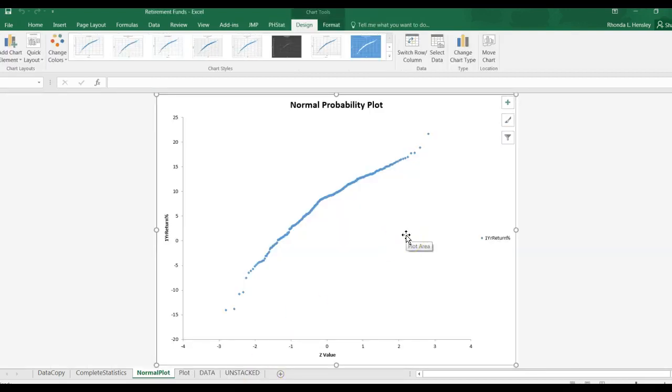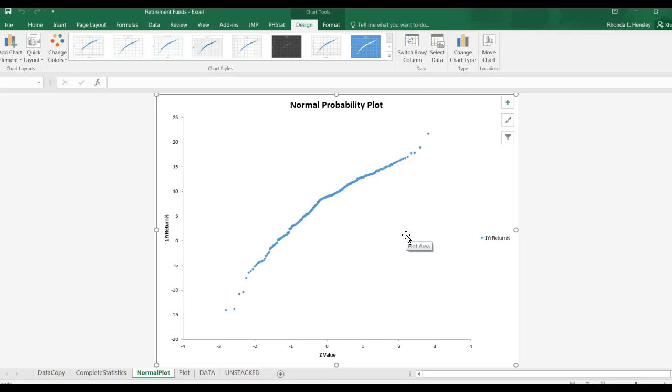He has pictures of these in the book. Again, go review them. If your data was perfectly normal, the normal probability plot would look like a very straight line up through there without a lot of curvature in it. You can see that the curvature, it's got this hump in the middle. It goes up and then goes kind of back down.